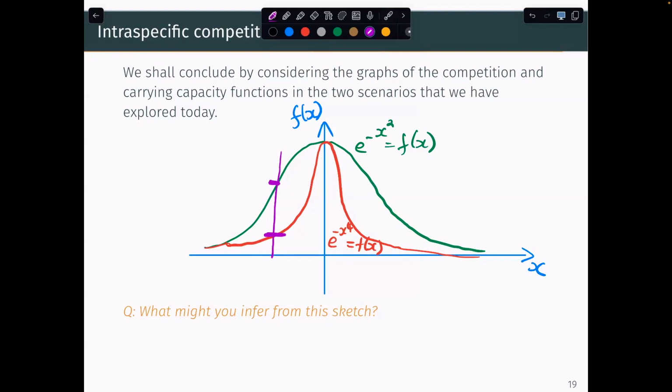We'll talk more about how the nature of competition functions and carrying capacity functions relative to phenotypes affects things like stability. It can produce things like diversification as well, a little bit later on in the course. So what might we infer from this sketch?